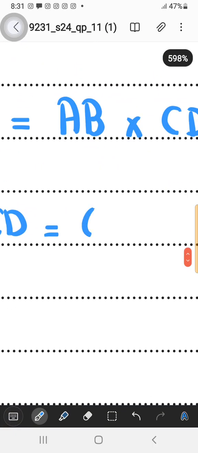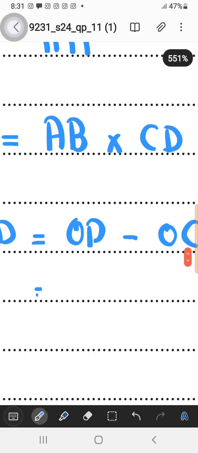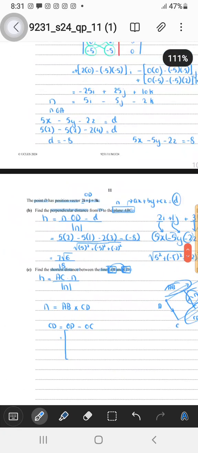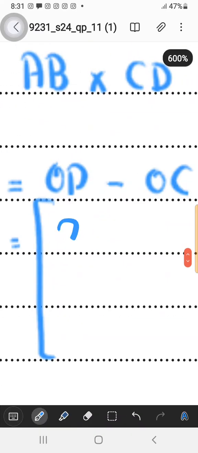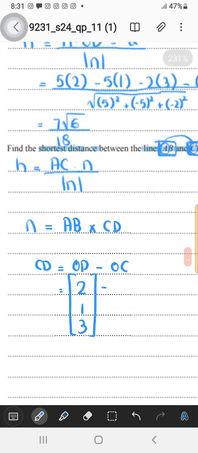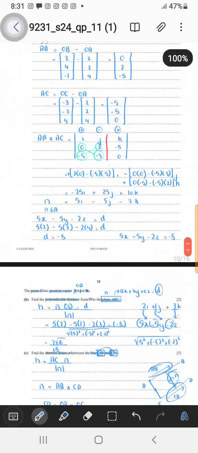First I will write OD, then minus OC. So OD is equal to 2, 1 and 3, and OC is minus 3, 4, okay.